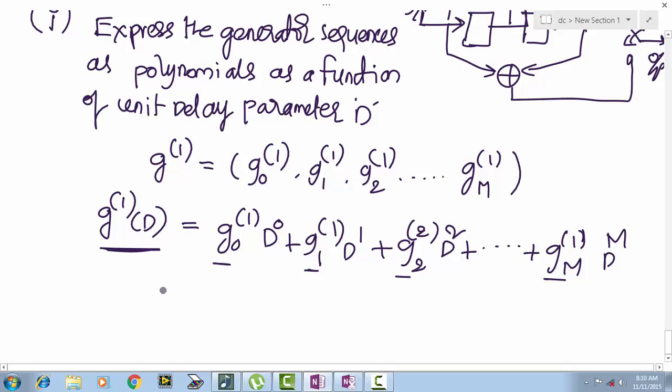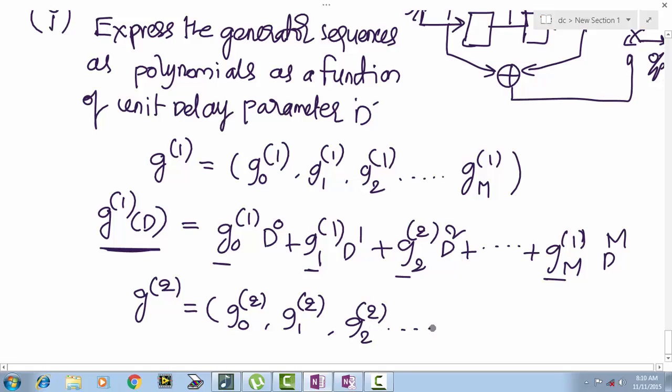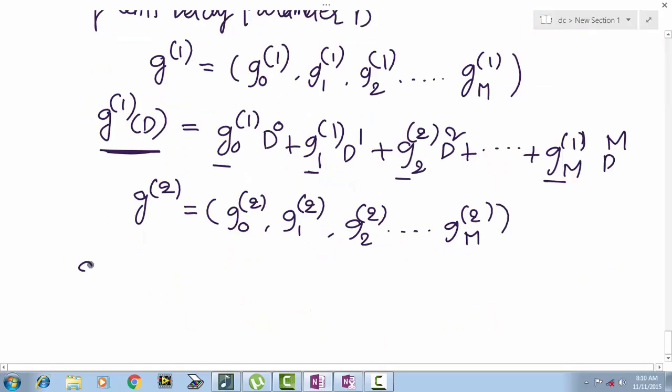Similarly, for the second adder output, the generator sequence is g0 of 2, g1 of 2, g2 of 2, and so on, gm of 2. We need to express this also as a polynomial.